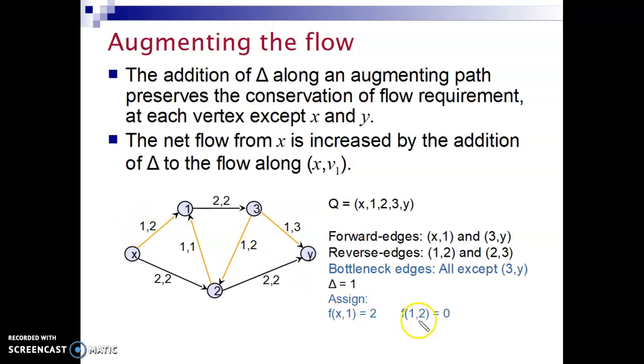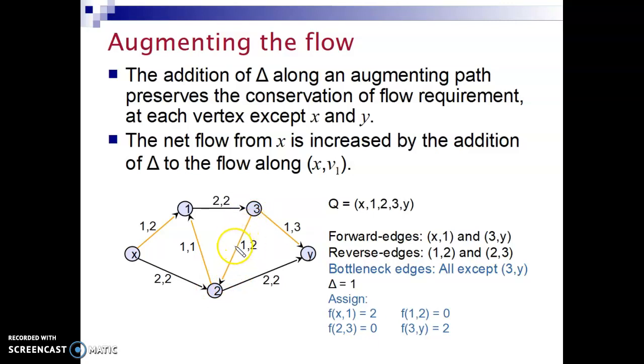Similarly, on the next edge, since this is a reverse edge, the flow was equal to 1. This is actually not contributing to the flow. It affects the flow negatively. So I'm going to decrease this value to 0 by 1, which means it will contribute to augmenting the flow. 2 to 3, this edge, again, it's a reverse edge.